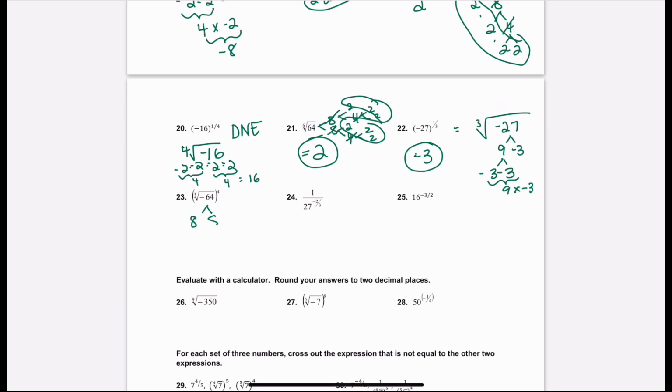I've got 8 and 8, and I've got 2 times 4, and 2 times 2, and 2 times 4, and 2 times 2. So I've got 6 2's. I'm looking for groups of 2. So I've got 3 2's here and 3 2's here. We times those together equal 4. So 4 times 4 is 16 times 4 is 64.